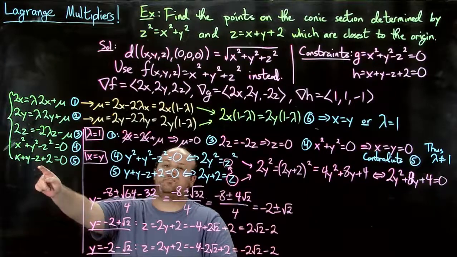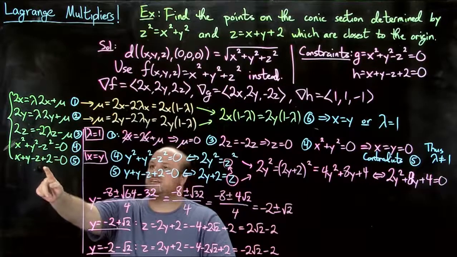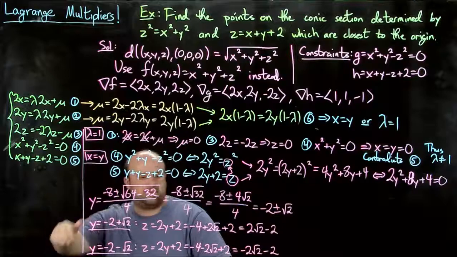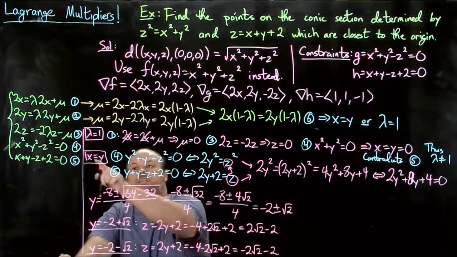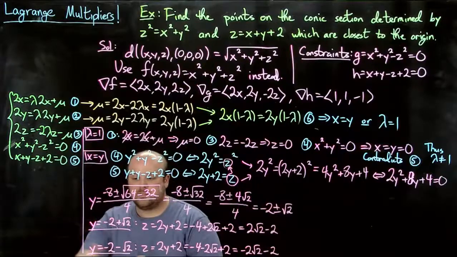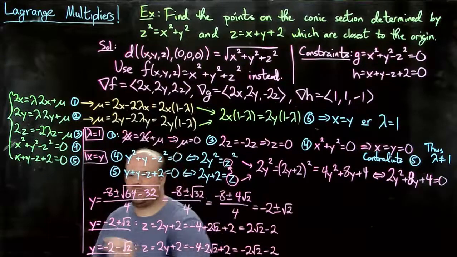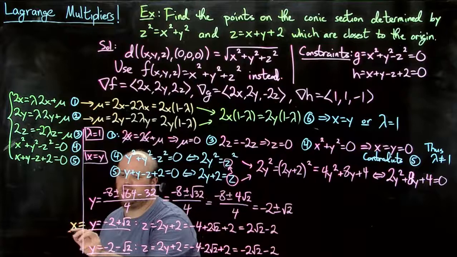We could use equation 5 again, but actually we don't need to go that far. We know x is y. So x equals y, and x equals y here.